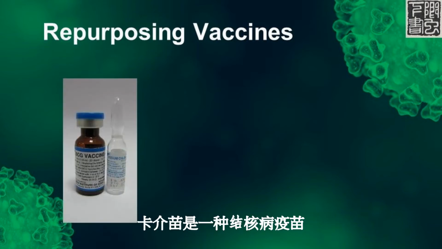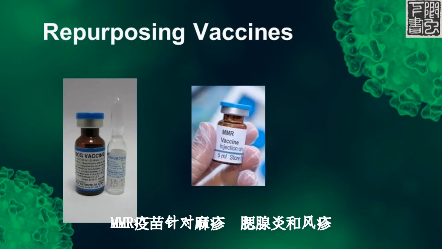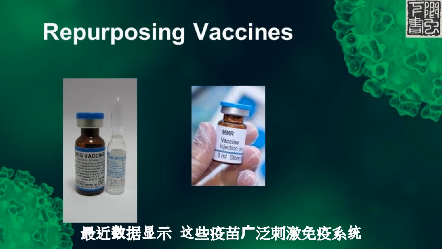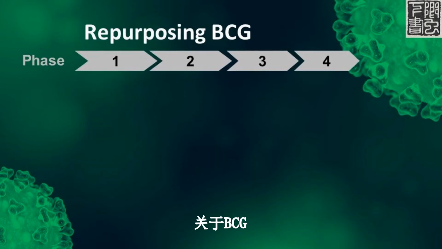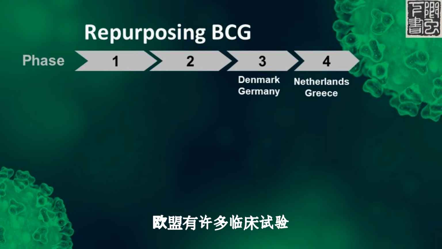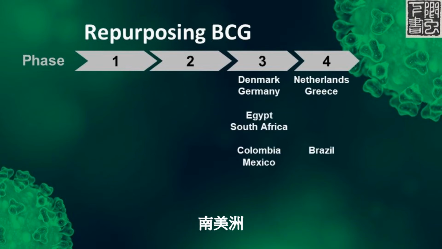BCG is a vaccine for tuberculosis. MMR is the vaccine against measles, mumps, and rubella. There are recent publications showing that these vaccines stimulate the immune system in a general way and may have protective effects against COVID. As for using BCG against COVID, there are many clinical trials in the EU, Africa, South America, Asia, and North America.